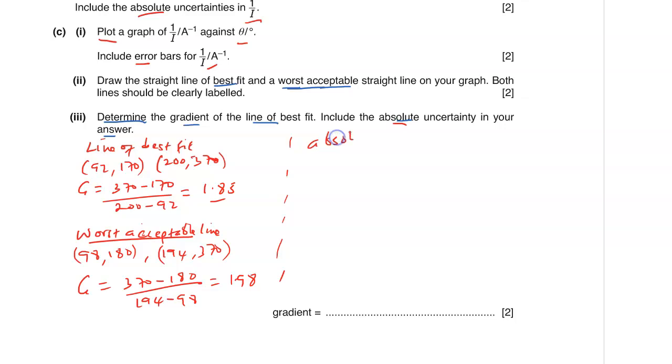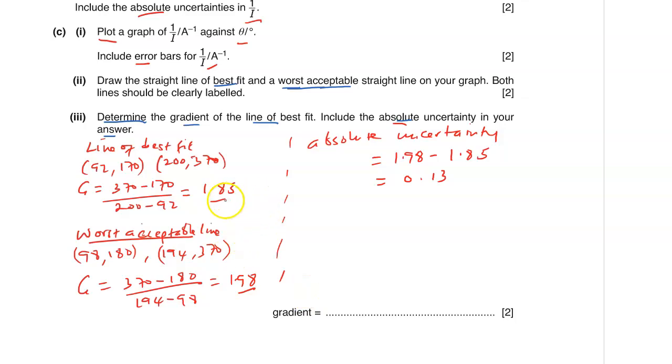Therefore the absolute uncertainty is the difference, 1.98 minus 1.85, it doesn't matter which one is greater, and what I got is 0.13.